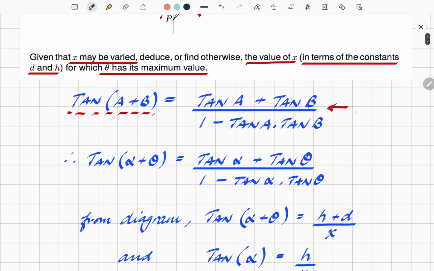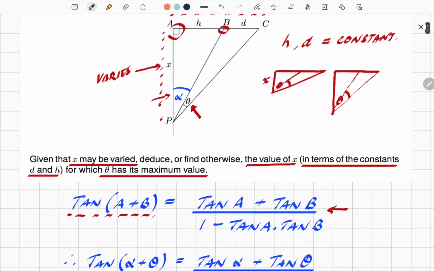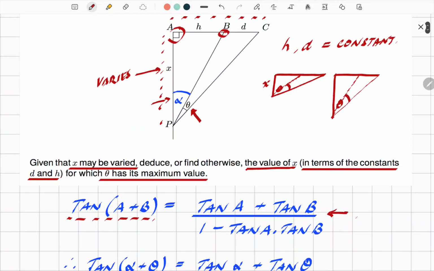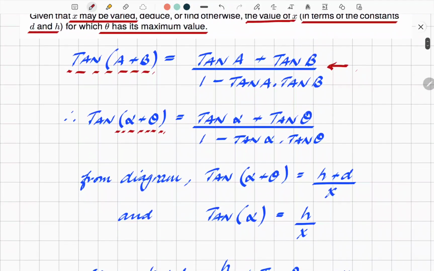Given that formula, I'm now going to substitute in my compound angle from the diagram. I might have to keep going back and forth to the diagram. I'm looking at the compound angle alpha plus theta, that one there. So straight from that formula, tan alpha plus tan theta divided by 1 minus tan alpha times tan theta.